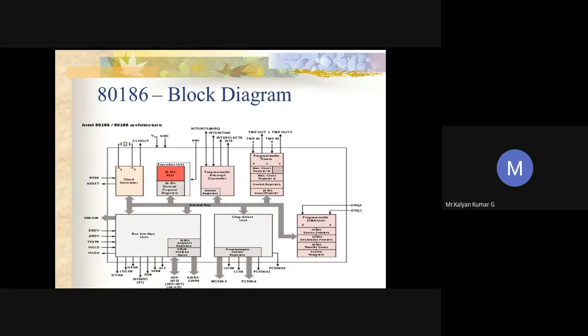You can just see the block diagram and compare yourself. In the 8086, do you remember, we have only two independent units, the execution unit and the bus interface unit. Here, if you notice, we have additional units. Can you name those additional units?